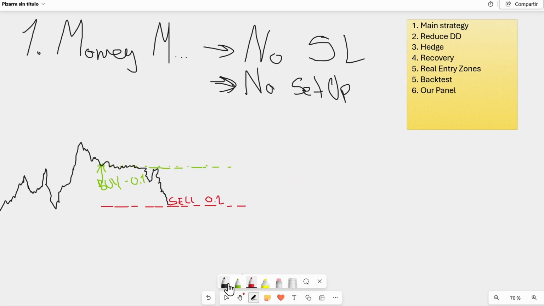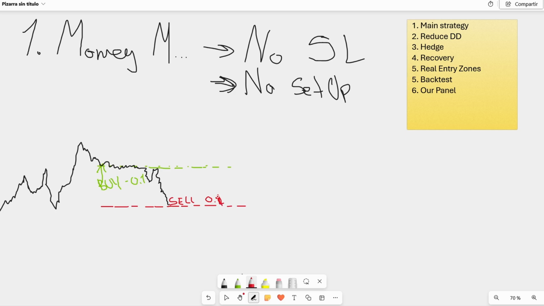So this is a good thing because now you freeze your balance. Because if you have a buy over here and a sell over here, price can go to whatever place, and you're going to remain with the same balance. So you're not losing money anymore. Sorry, this is 0.1, not 2.